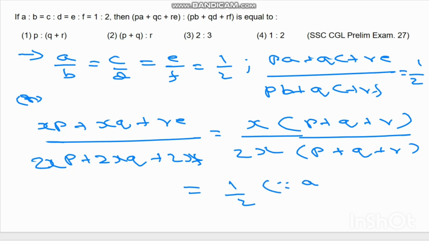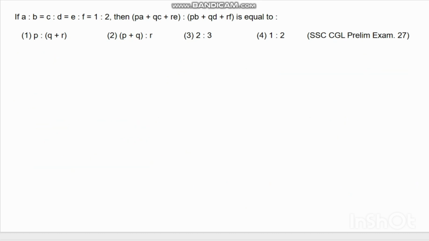Here A is X, C is X. We need to take them as X because given here that A, C and E value is 1, and B, D, F value is 2.